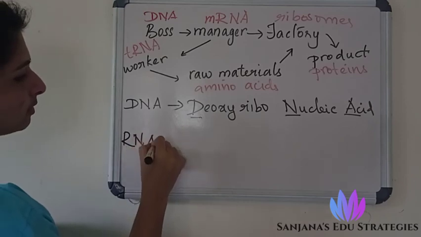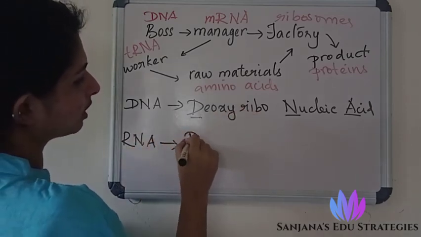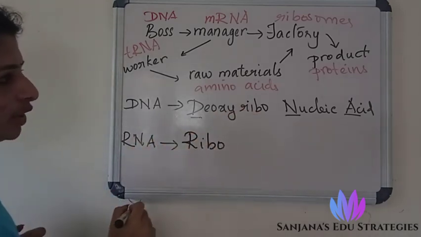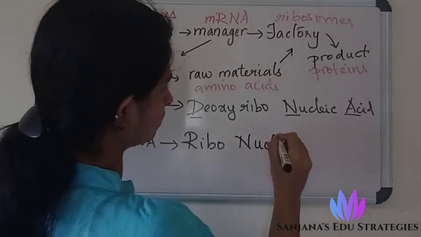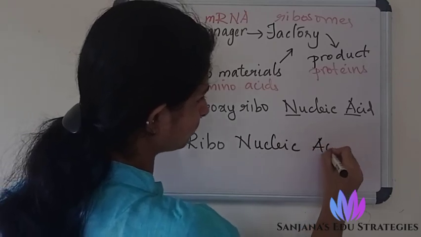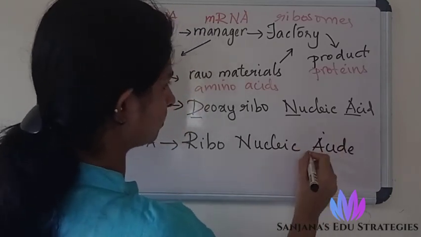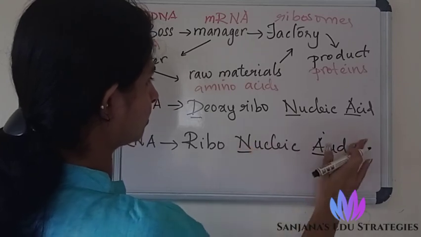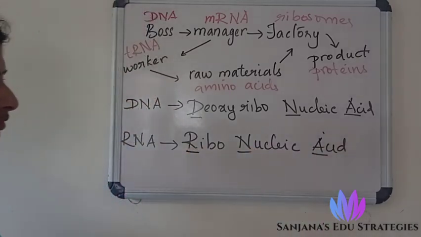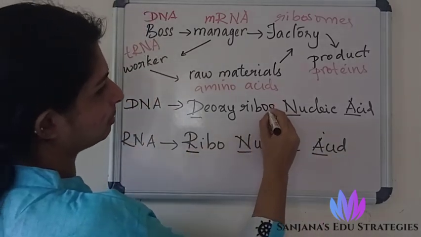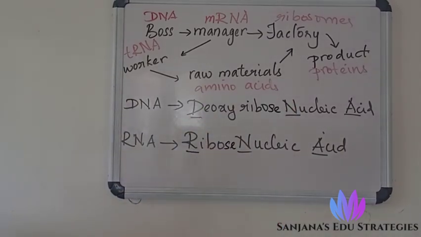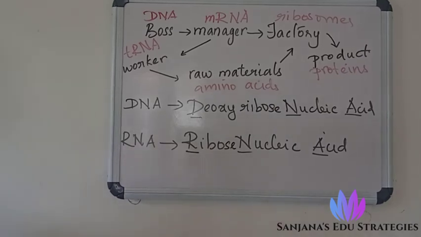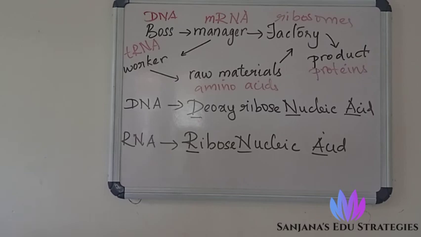RNA is simply ribonucleic acid. In some books you might have seen them write ribose. That's also correct. Deoxyribose nucleic acid and ribose nucleic acid. This is DNA and RNA.